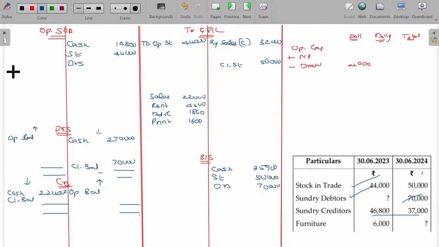Sundry creditors: in the beginning I have 46,800, in the end we have 37,000. Double entry should be posted in the creditors account, opening 46,800, closing 37,000.